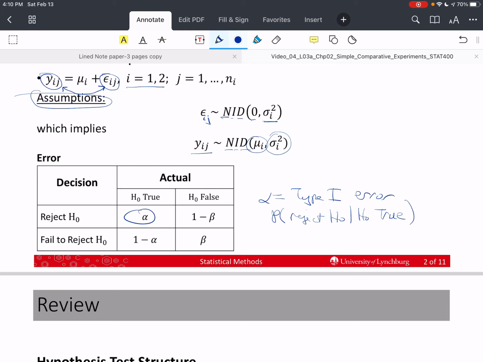And so that's what alpha is. Beta is a type 2 error, and that's the probability of failing to reject H naught when H naught is false.